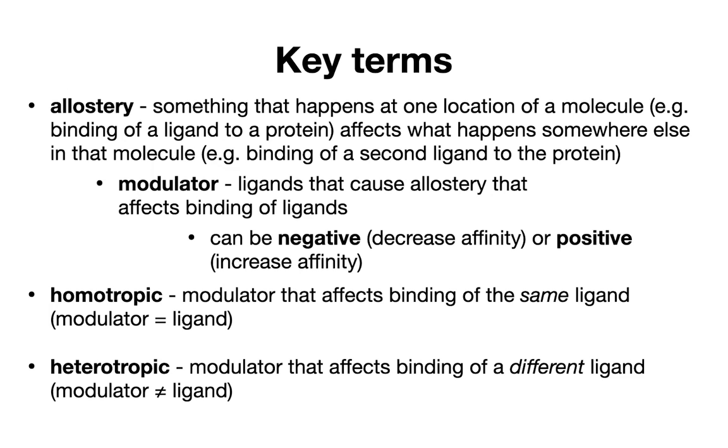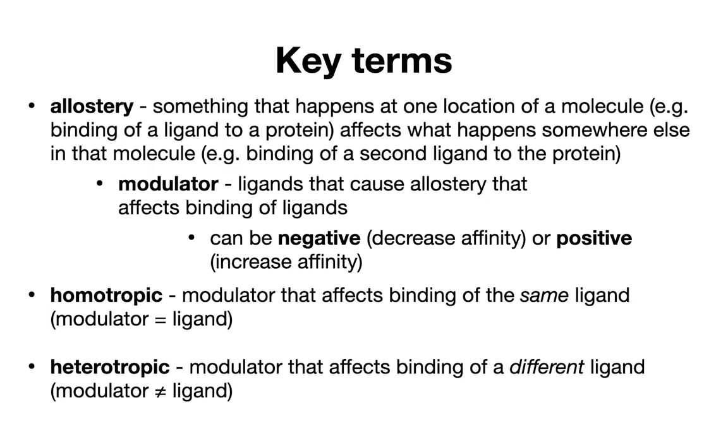Oxygen was also an example of a homotropic modulator. So homo meaning same, and so basically this means that we have a modulator that's going to affect the binding of the same ligand. So in this case, our modulator was a ligand. We're just talking about multiple copies of that same molecule binding. So that first oxygen was going to act as a homotropic positive modulator.